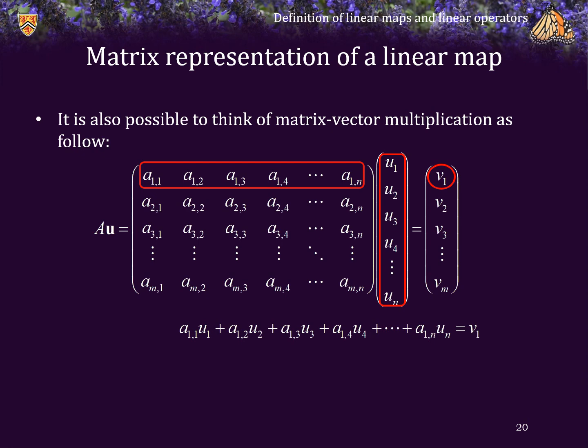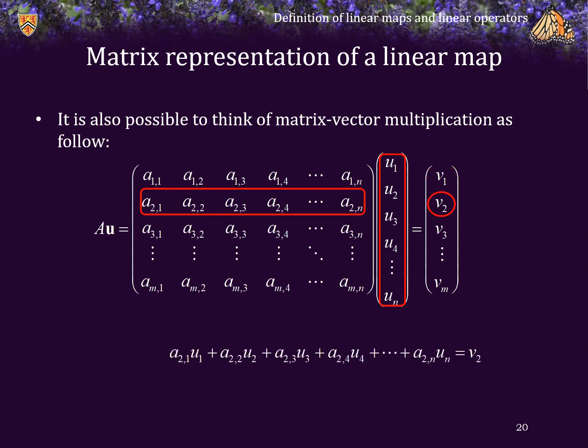And that will give us the entry in the image v1. Next, we take the second row, and once again, we multiply the first entry of the row with the first entry of u, plus the second entry of the row times the second entry of u, and so on and so forth. And this will give us the second entry in the image.